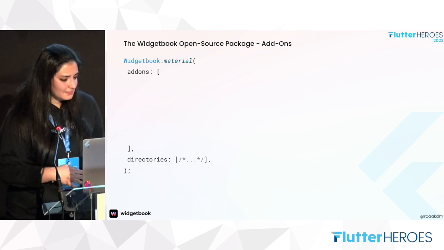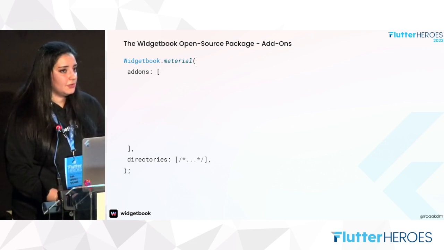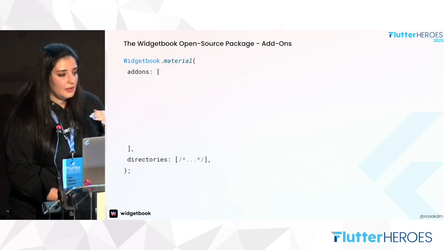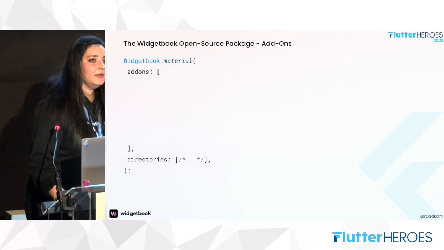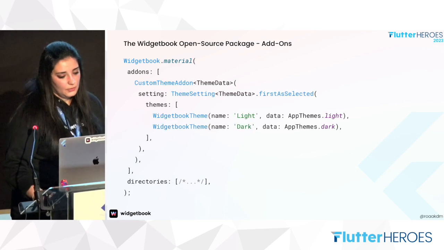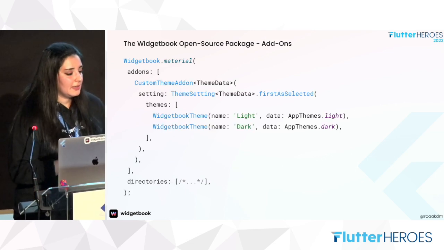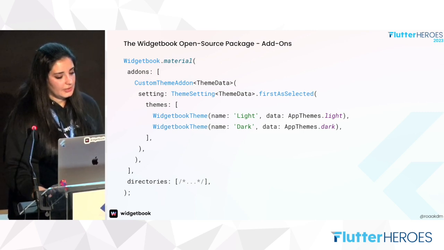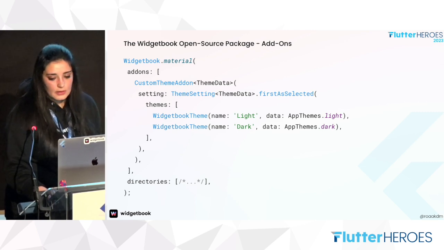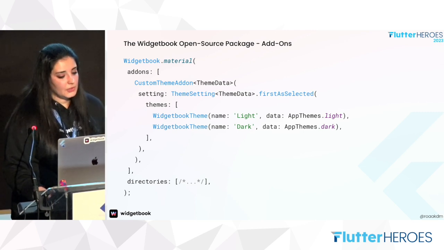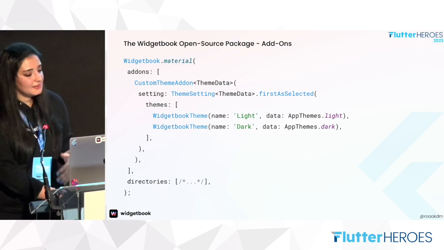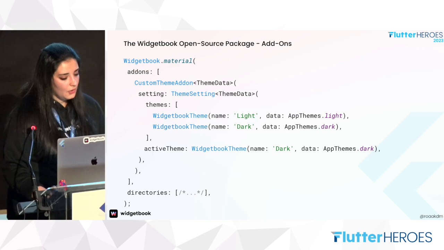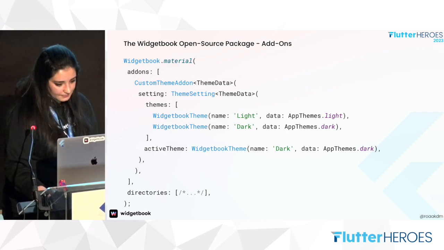And first of all, because you're using a theme in your original app, the first thing you need to do is set up theming in your Widgetbook, which you can do by using a custom theme add-on, where you add your original theme files that you're using in your app, and you can use the option first as selected to select it automatically when you run your widgetbook, or you can provide it manually.